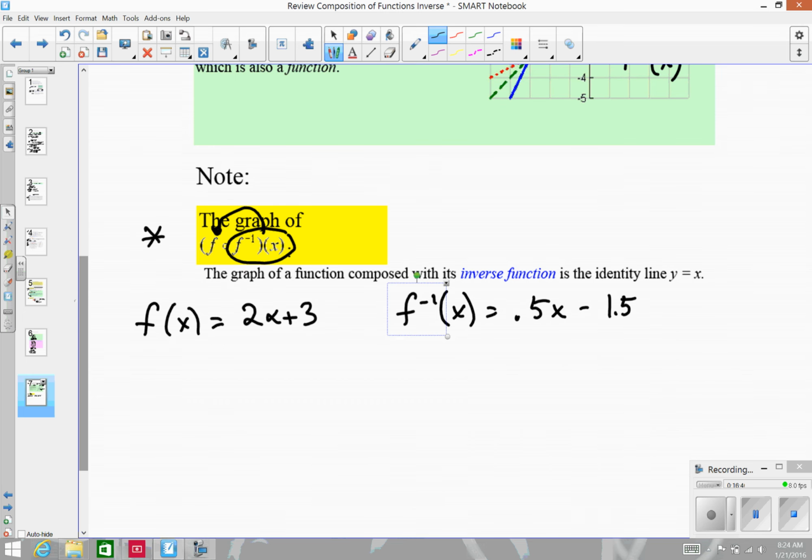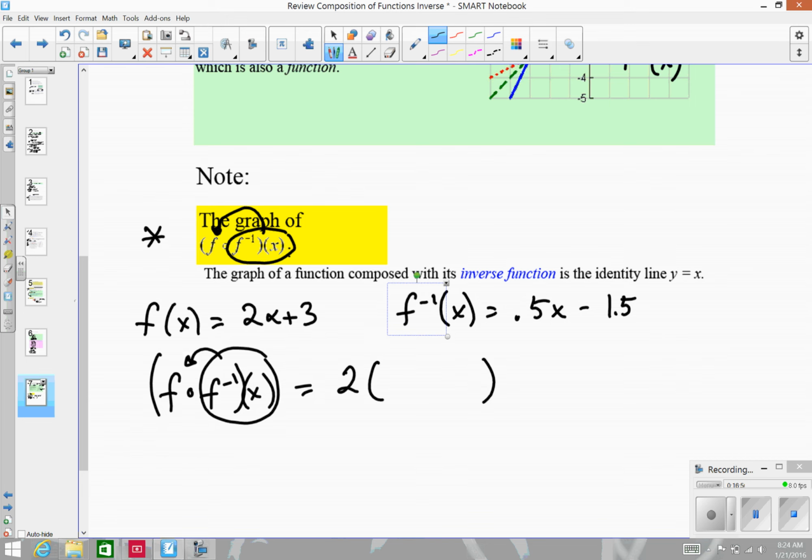So if I use what I know about compositions of functions to find f of the inverse function of x, I would have, taking my inverse function and substituting into f of x, 2 times whatever I'm substituting in for x, plus 3. I'm substituting in my inverse function.